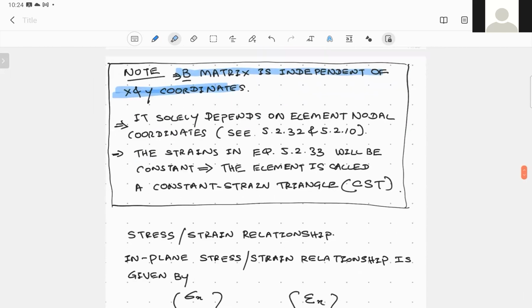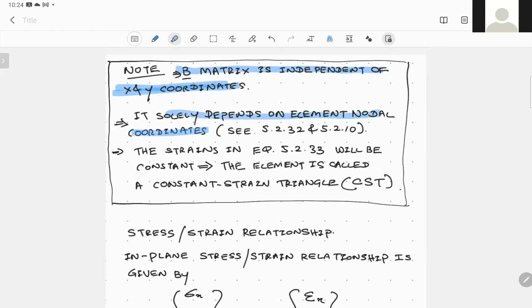They depend only on the nodal coordinates, because you will see that these components Bi, Bj, and Bm are constants, which are just values you would get by substituting the nodal coordinates.